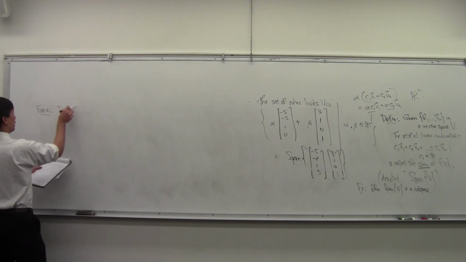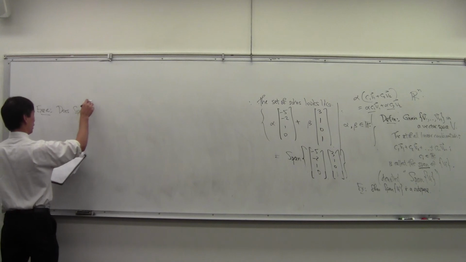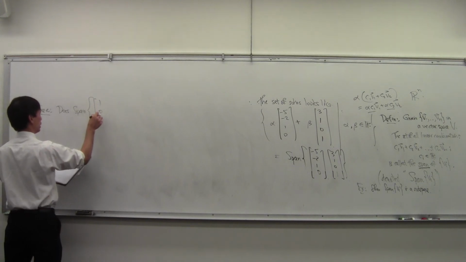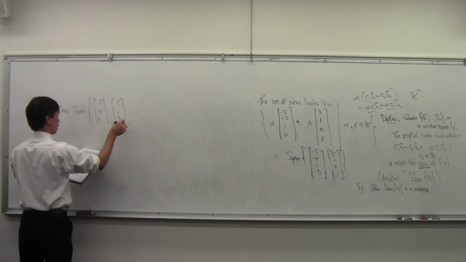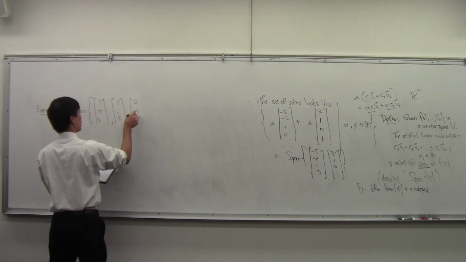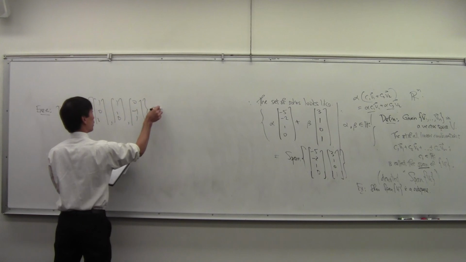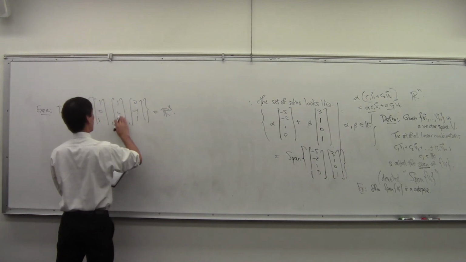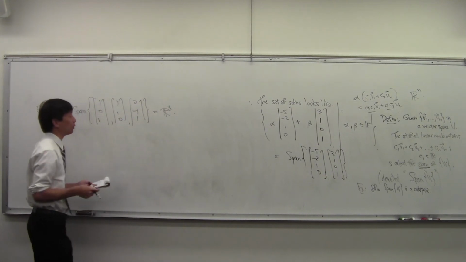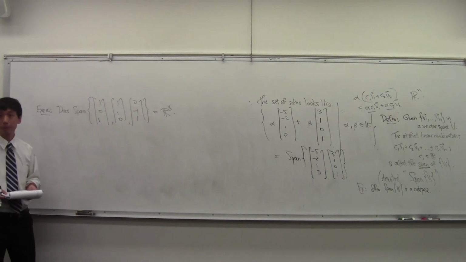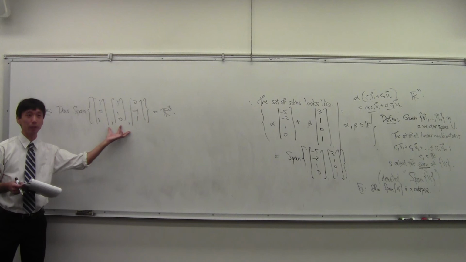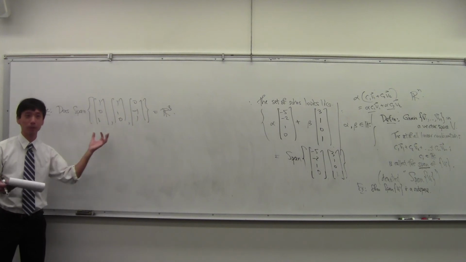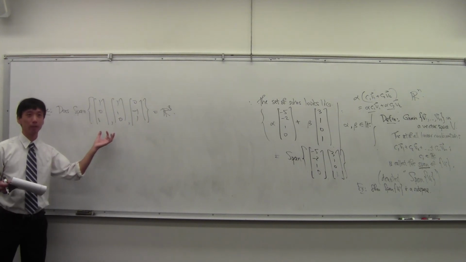Does the span of these three vectors 1, 0, 1, 1, 1, 0, 0, negative 1, 1 equal R3? In other words, does the span of these three vectors give you the whole vector space?